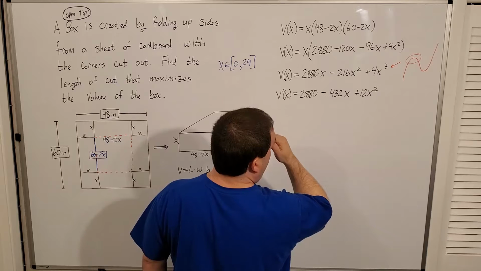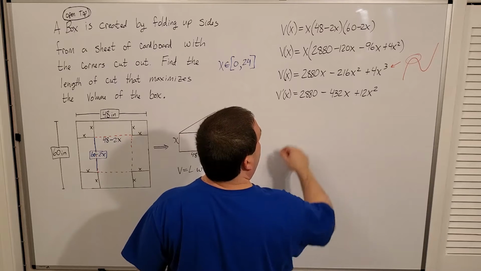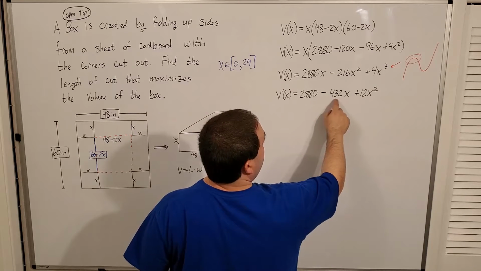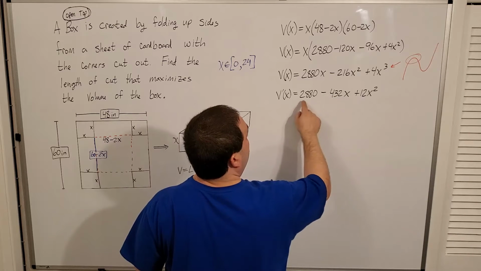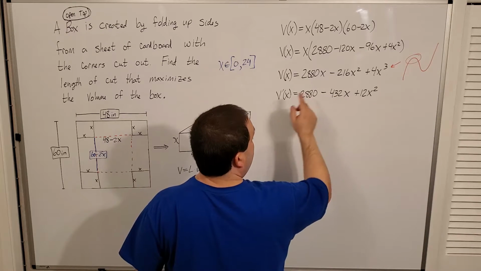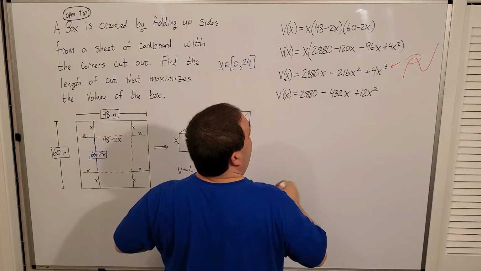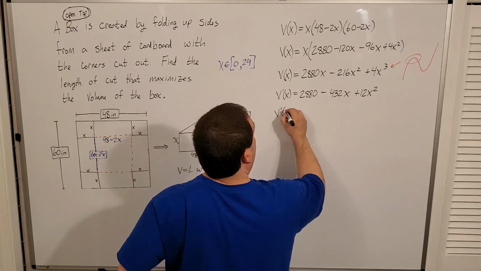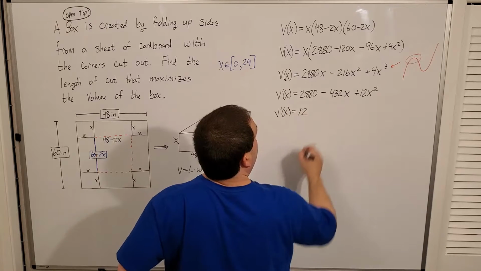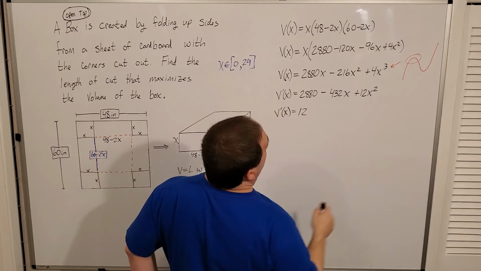Can I get a 3 out of everything? Because 3, 6 and 3 is 9. I can get a 3 out of that one. 2, 10, 18. So if I can get a 3 and a 4, that means I can factor a 12 out. This is going to make my life a lot easier.